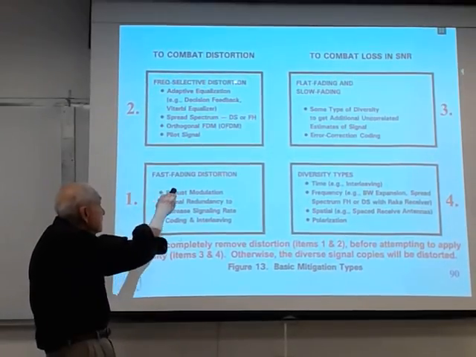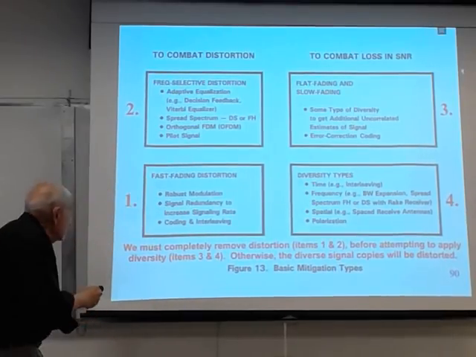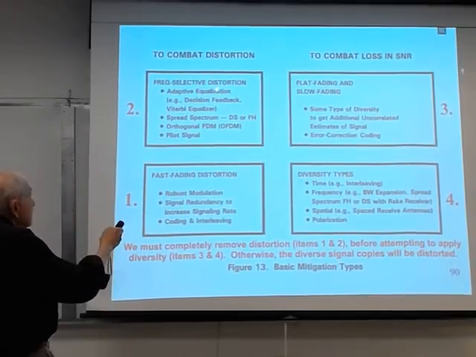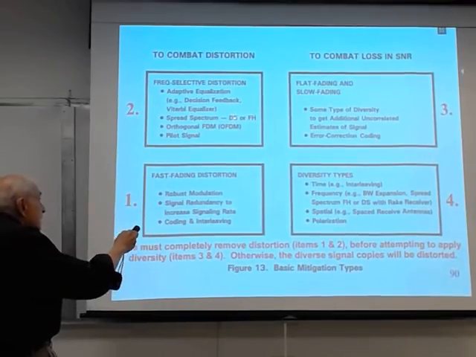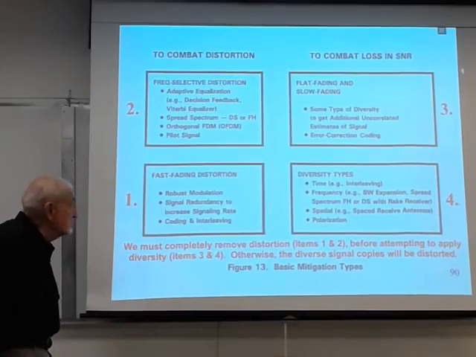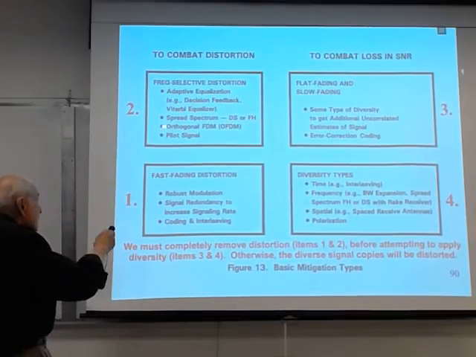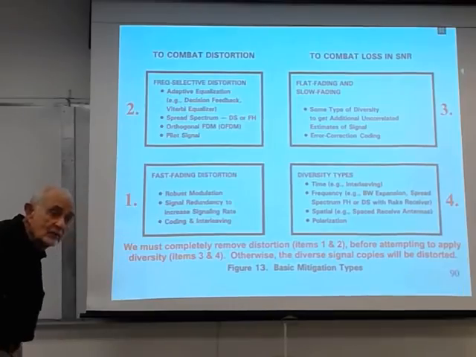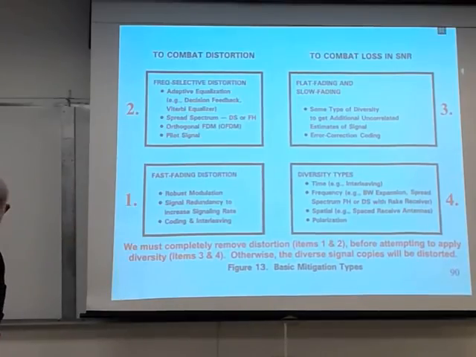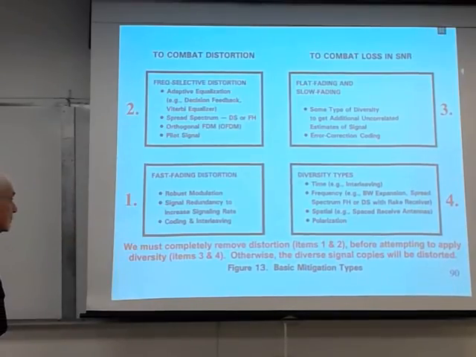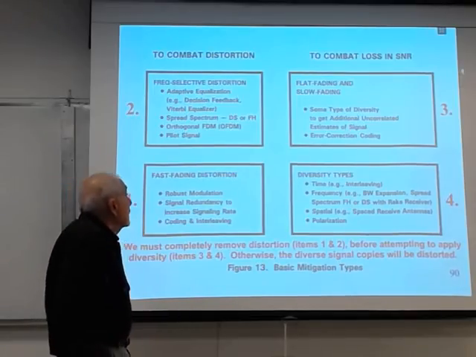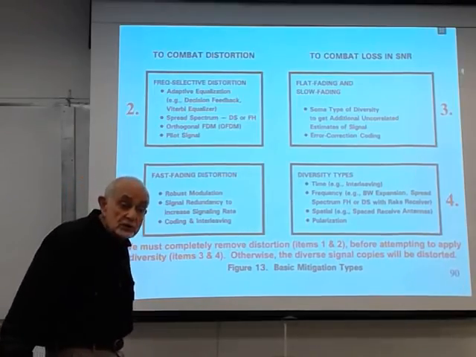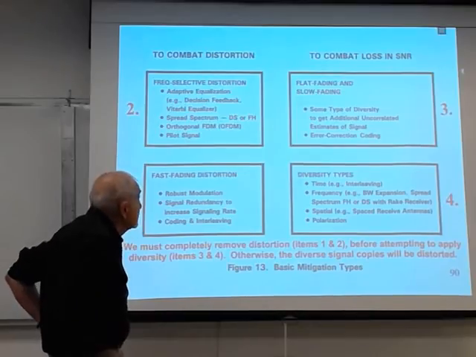So this might have been there originally, or we might have caused it from here. So we are going to either have some adaptive equalization or spread spectrum. And either one of these two techniques, direct sequence or frequency hopping, will work. The popular one these days is OFDM, and that's what we're going to be talking about next time we meet. And a pilot signal is sometimes used. And once we've done that, we've finished with the wish list, and we're ready for diversity.